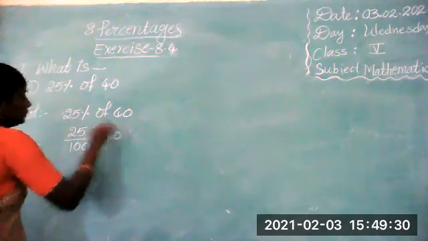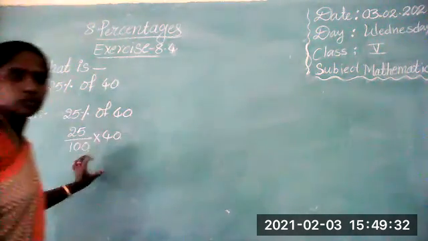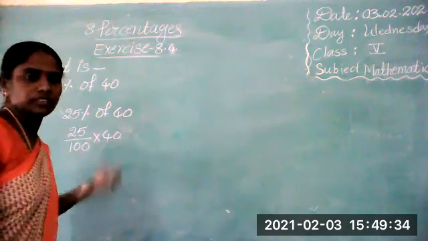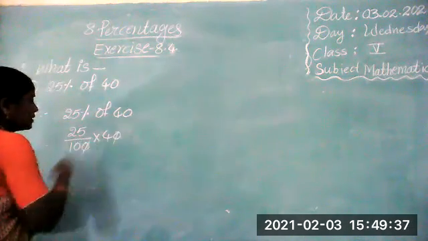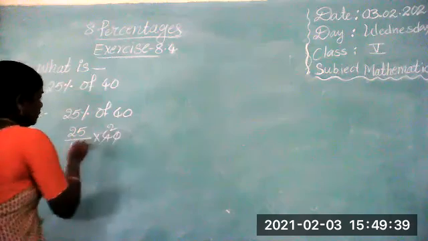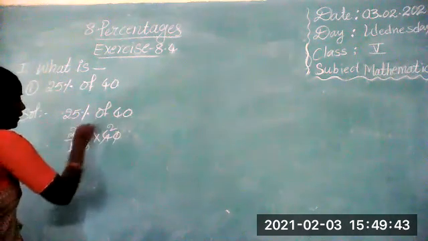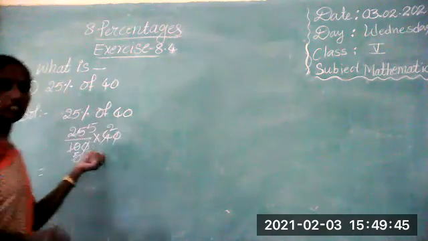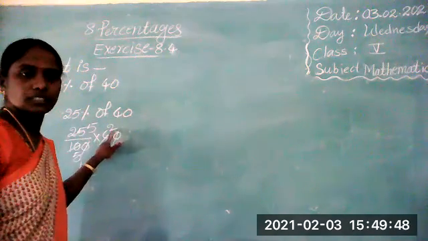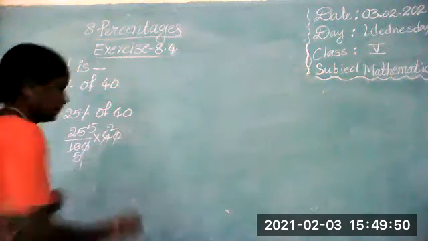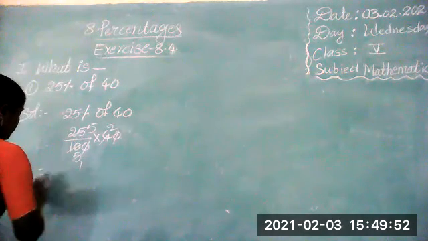Now here simplification is possible, we can simplify. 0, 0 cancel. Next 2 goes up, 2, 5. Next 5 answer, 5, 5. What is the answer? 5 2s are 10. 10 is the answer.